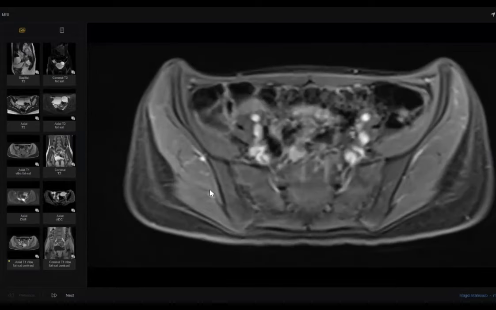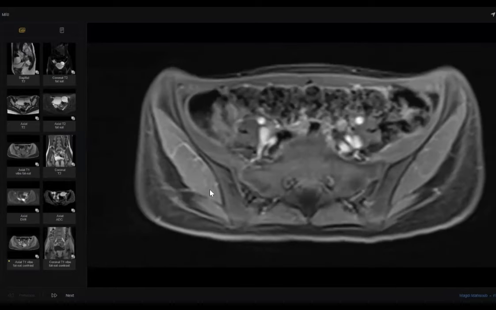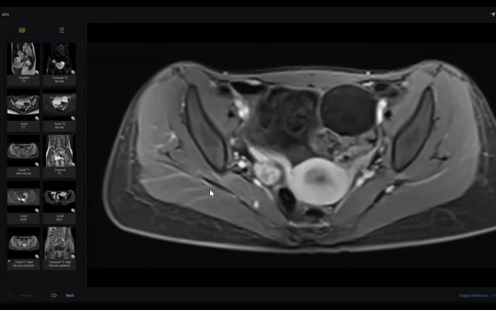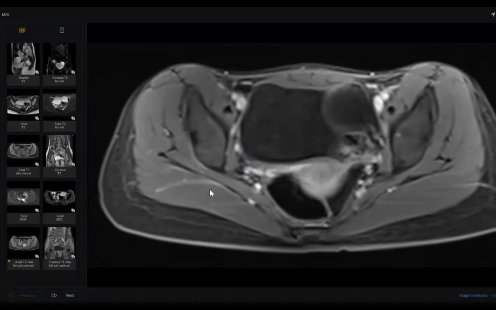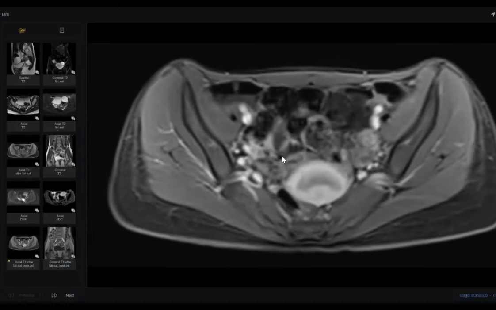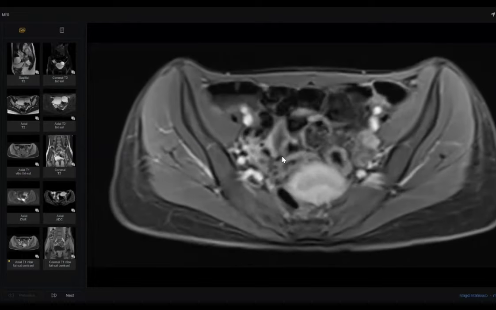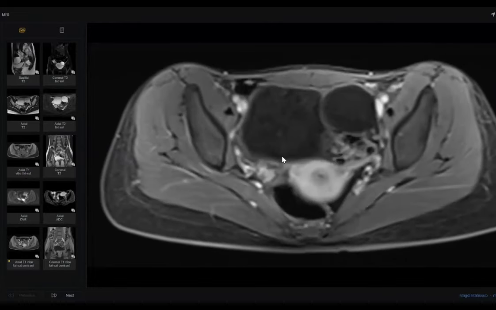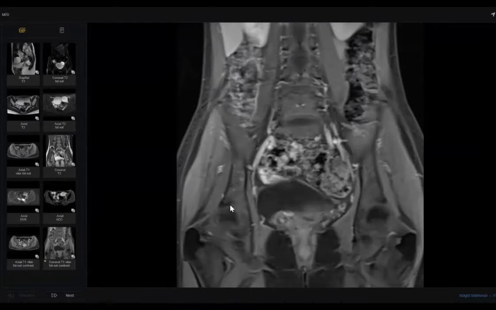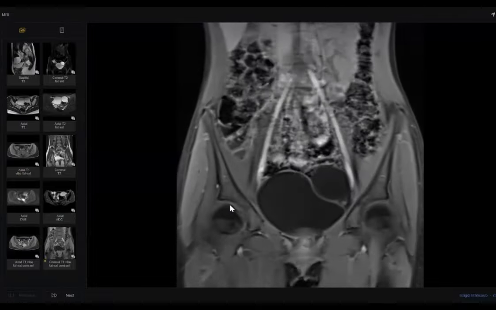Do you have any clue here for torsion? Do you have any bilateral clue? What is this? This is the right ovary, sir. Okay. Where is the left ovary? Look here, left ovary. I will help you. Do you have any sign of torsion here?